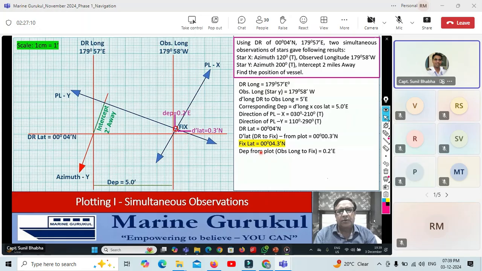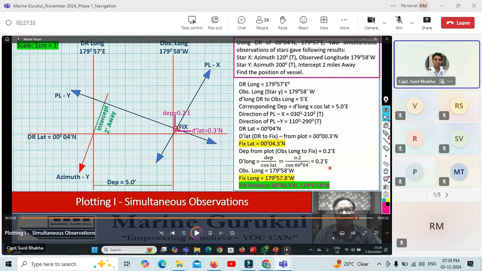Departure from observed long to the fix is 0.2 minutes east. We convert this into D long, and being almost at the equator, they are both equal. We apply this D long to the observed long, which is 179 degrees 58 minutes west, and we get the fix long as 179 degrees 57.8 minutes west.